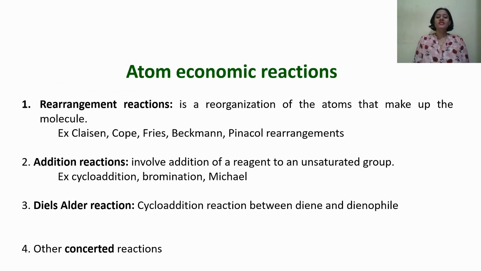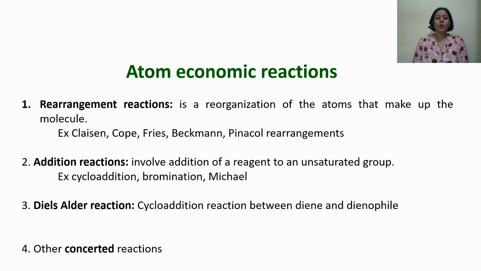Now we will see what atom economic reactions are. Atom economic reactions have 100% atom economy. There are certain reactions whose atom economy is 100%, for example, rearrangement reactions, addition reactions, the Diels-Alder reaction, and other concerted reactions. Now, what is a rearrangement reaction? A rearrangement reaction is a reorganization of the atoms that make up the molecule.